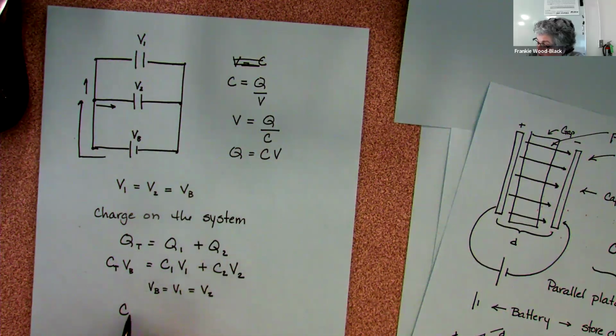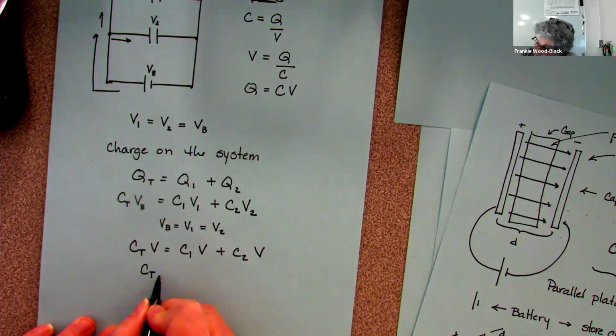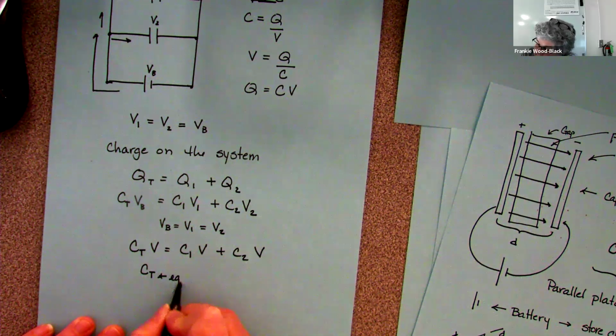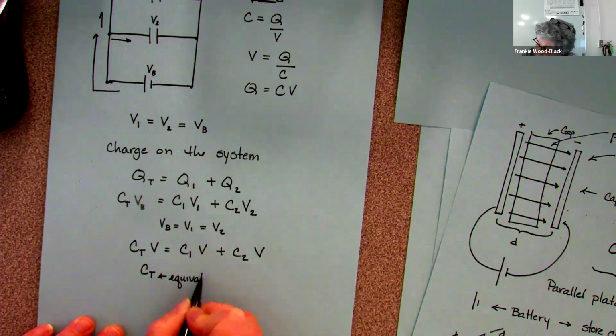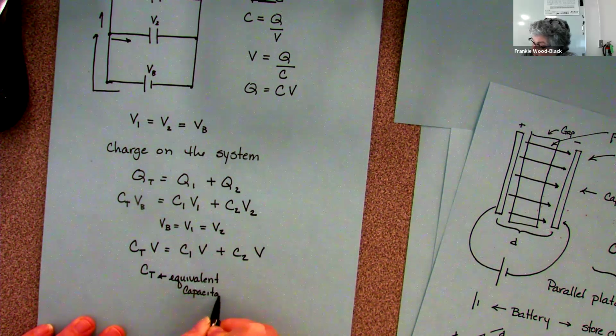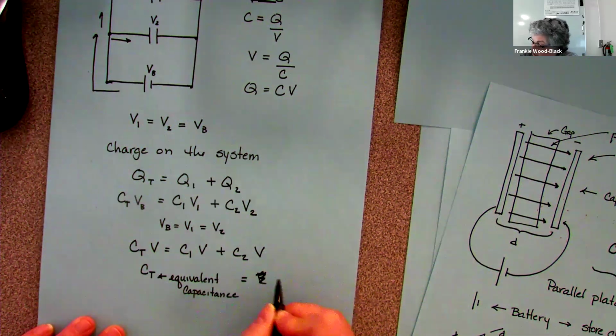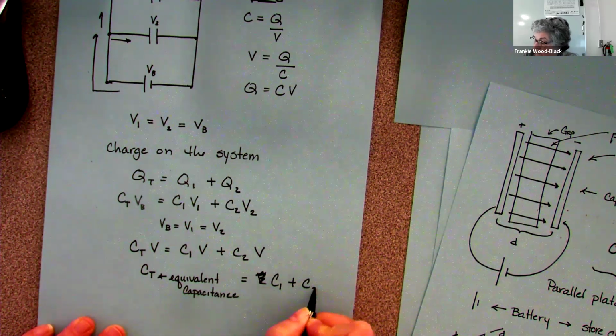So I get C_total V is equal to C1 V plus C2 V. Or the capacitance total, which we're going to call the equivalent capacitance, is equal to C1 plus C2.